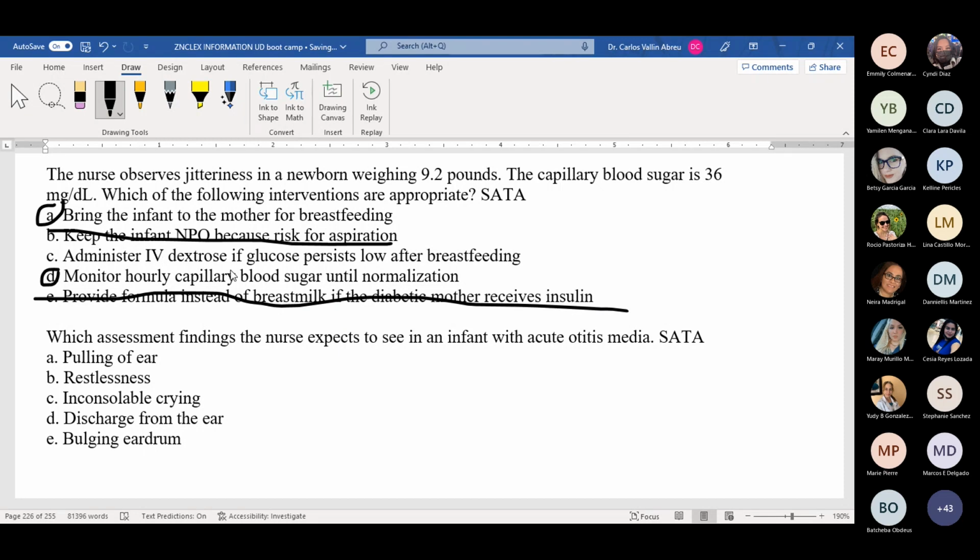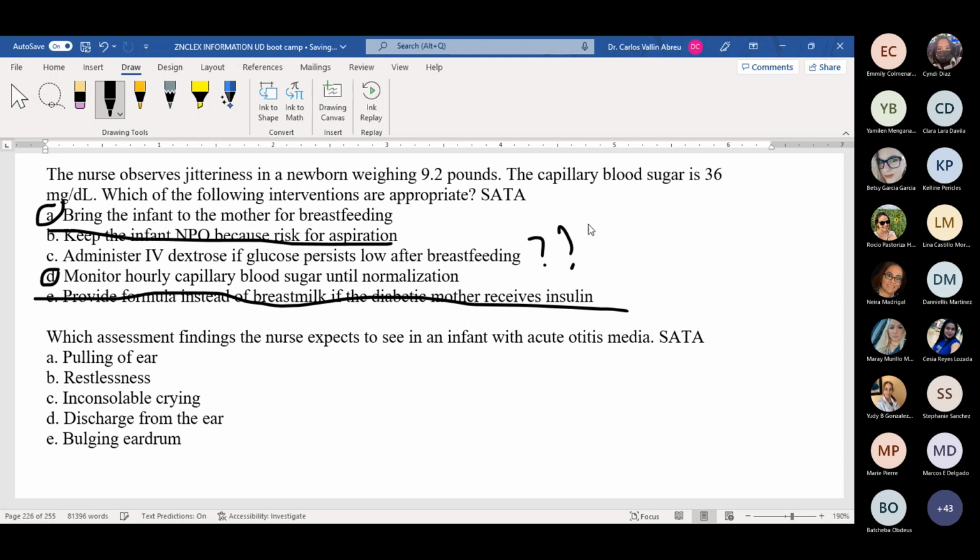But we were having doubt with C because one option, if the baby is still having low blood sugar, is providing more breastfeeding. But we were discussing that also the protocol says if the baby is lethargic, not able to breastfeed, with very severe hypoglycemia, less than 30, IV dextrose is indicated. So we were having doubts.